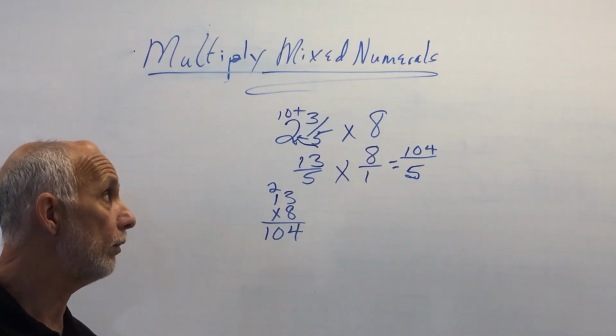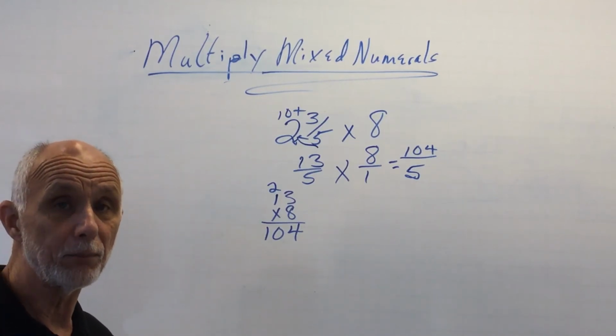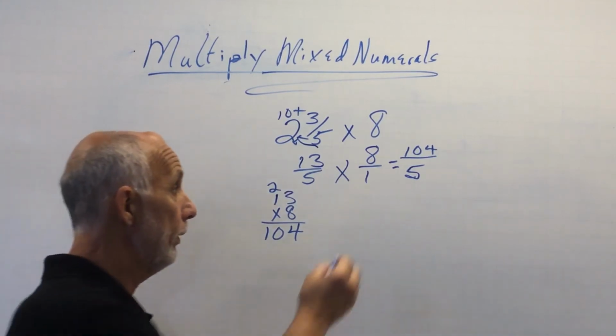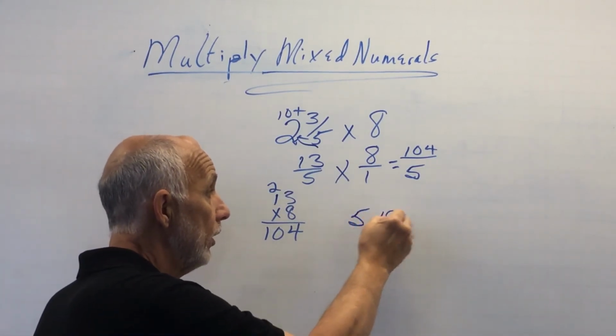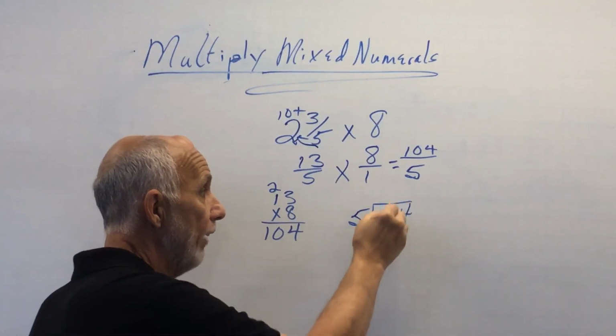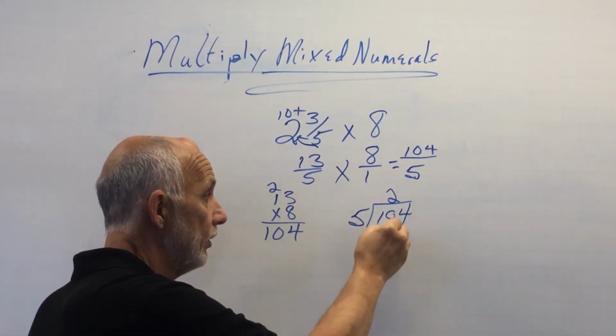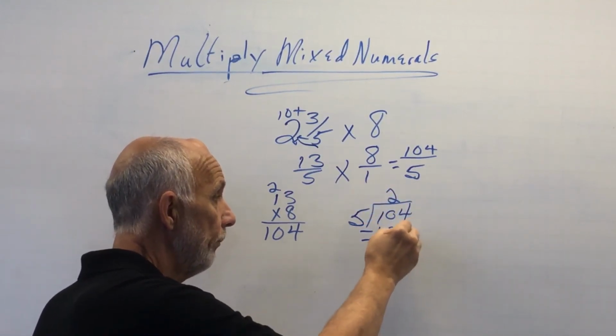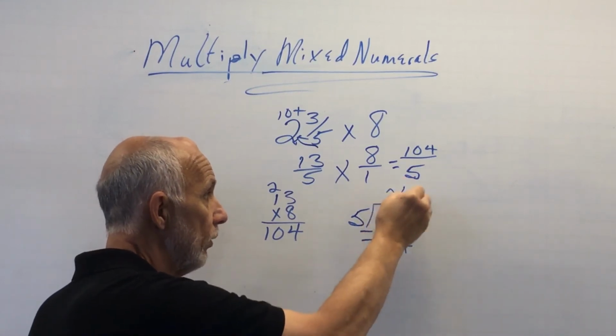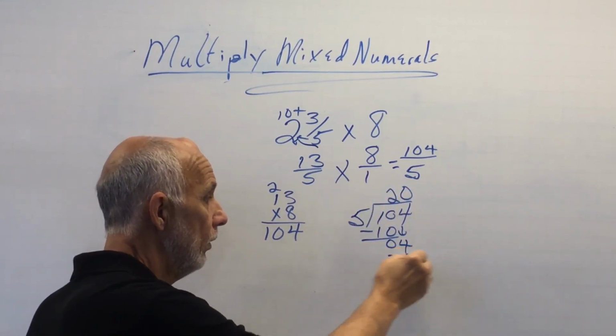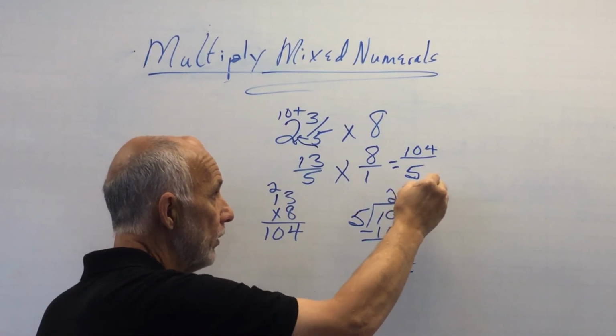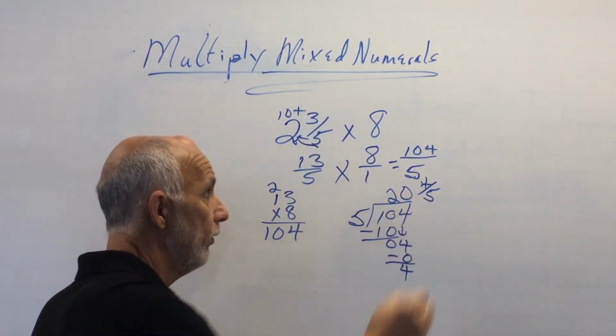What's wrong with 104 fifths? It's improper. How do I make it proper? I divide 5 into 104. And 5 goes into 10 2 times. 2 times 5 is 10, remainder 0. 5 goes into 4, 0 times. 0 times 5 is 0, remainder 4. And your answer comes out to be 20 and 4 fifths.